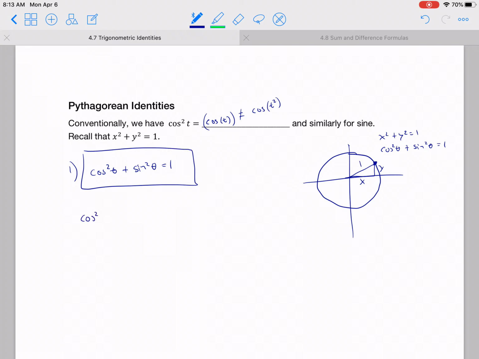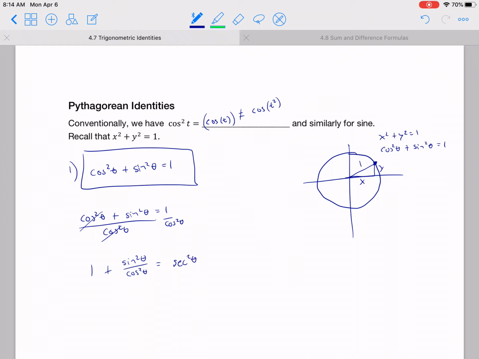And the first thing we can do is divide both sides by cosine squared theta. And so here, this will cancel, that gives us a 1, but then we end up with 1 plus sine squared over cosine squared theta is equal to, well, 1 over cosine is secant, so this is secant squared theta, so this is 1 over cosine squared.